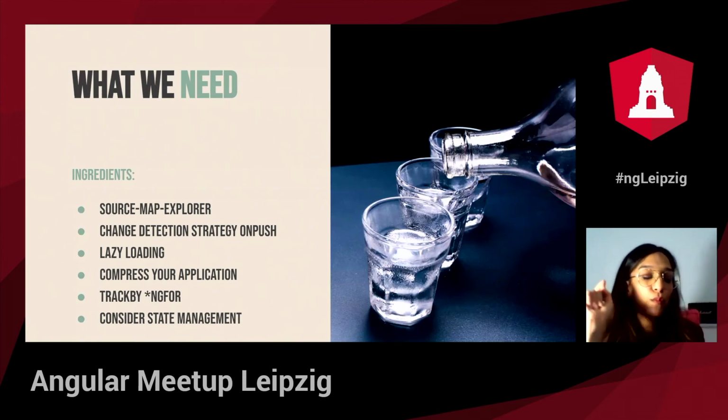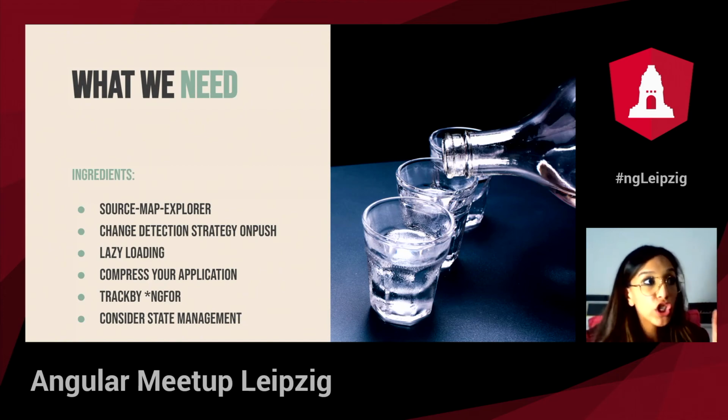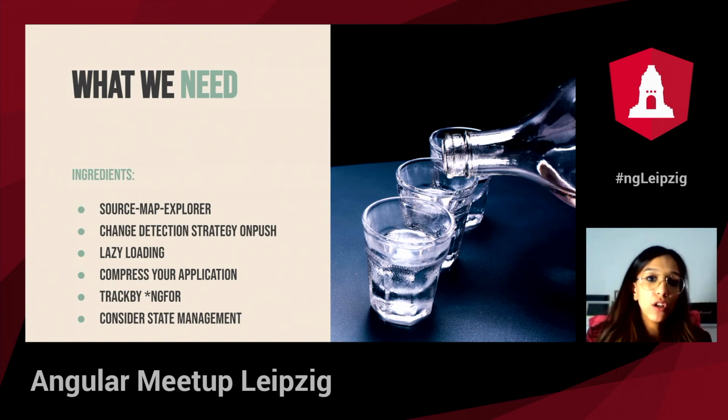The first one, Source Map Explorer, an npm package that can be used in order to analyze your bundle. It will give you an output when you run it, which will point out the size of the elements of your bundle. So you can see which elements have the biggest size, and you can consider analyzing them.